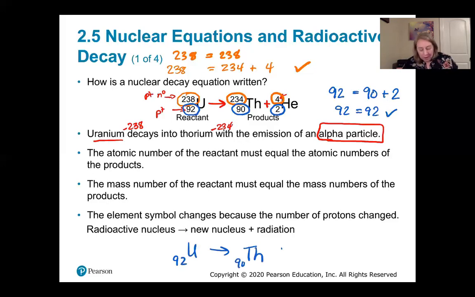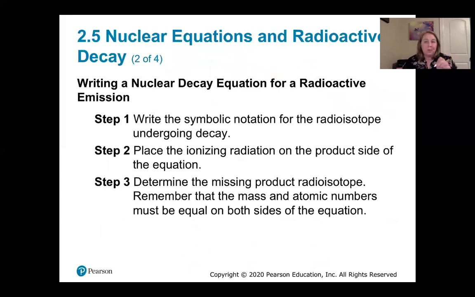That tells me I have to have something that took those 2 protons, and that's the alpha particle. If you change the number of protons, you're getting a different nucleus, a different atom, and that's radiation. So just make sure that your numbers are balanced. We'll do a bunch of these examples in a minute.